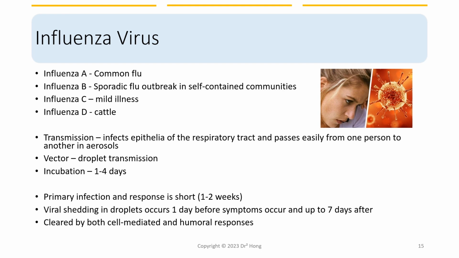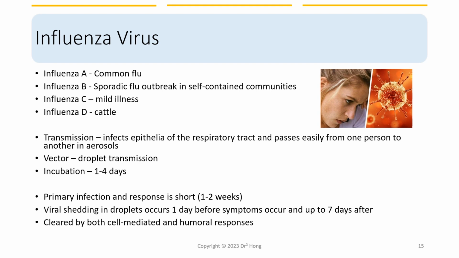The incubation period of this virus is about 1 to 4 days, with an average of 2 days, and adults may be able to infect others beginning 1 day before getting symptoms and up to 7 days after getting sick. Children can be infectious for up to 10 days, and young children can shed virus for up to 6 days before their illness onset.